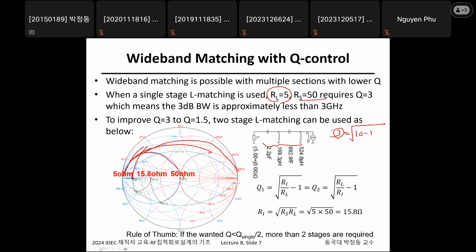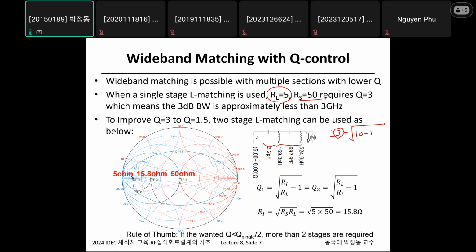This is actually what you will get if you only have a single section matching network. However, if you use multiple matching sections, let's say I want to use a quality factor equal to 1.5, which is almost twice the improvement in bandwidth, how can I achieve it?